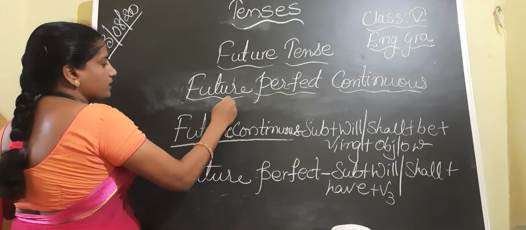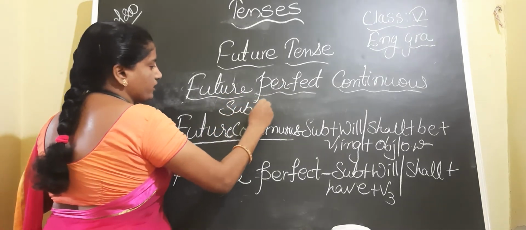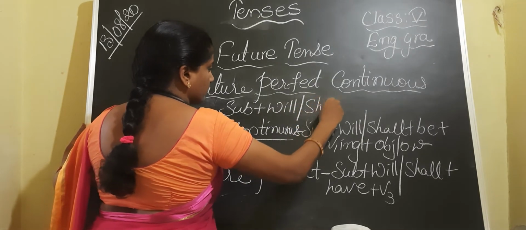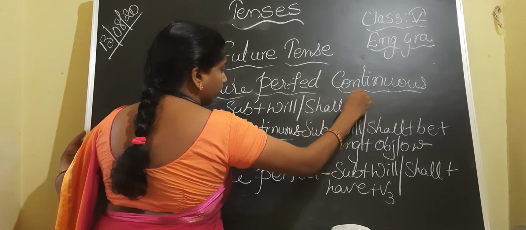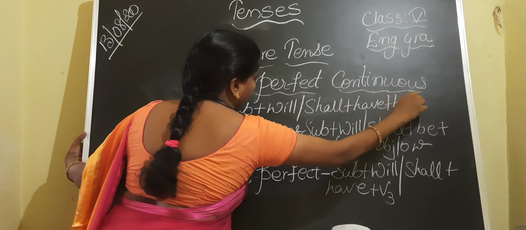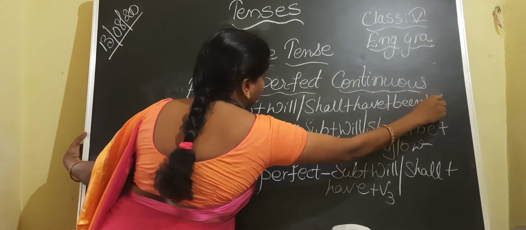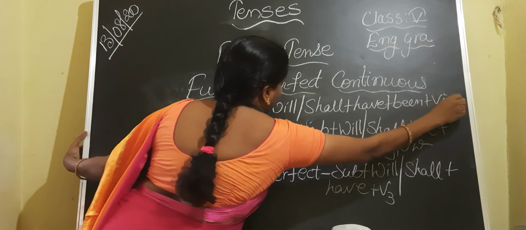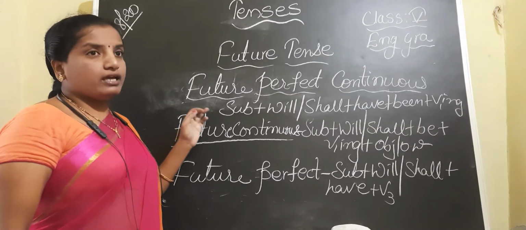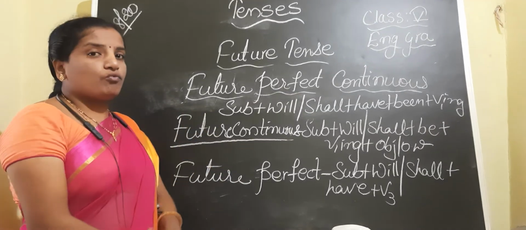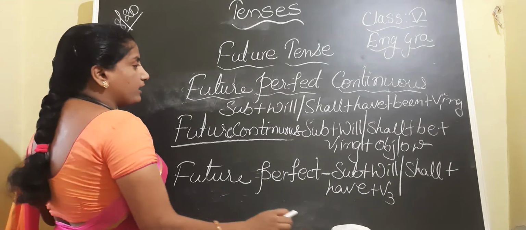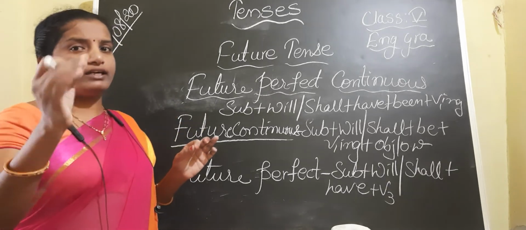Suppose along with the subject children we have to use will or shall with have, add been, and along with been you have to use V1 with ing form. See, in the continuous tenses V1 with ing is compulsory. Now children, let us have a look at all the tenses.